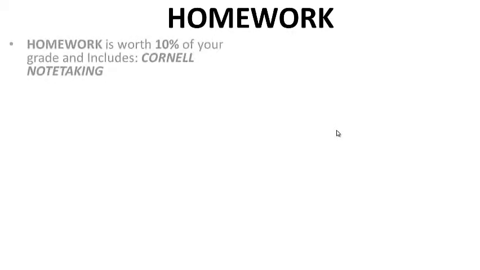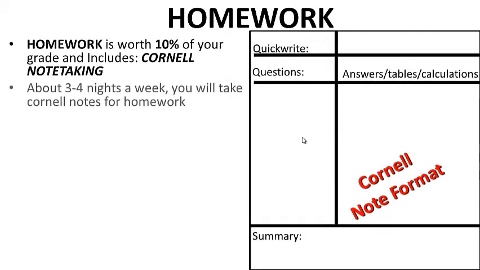All right, so homework. Homework is worth 10% of your grade, which includes basically Cornell note taking. So here's the Cornell note style or format. About 3 to 4 nights a week, you'll take Cornell notes for homework.